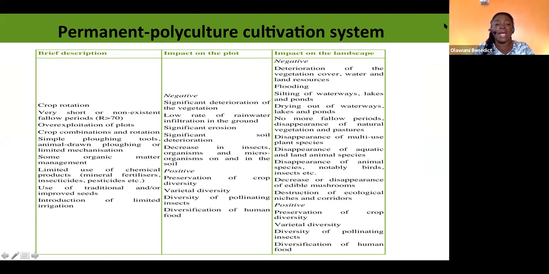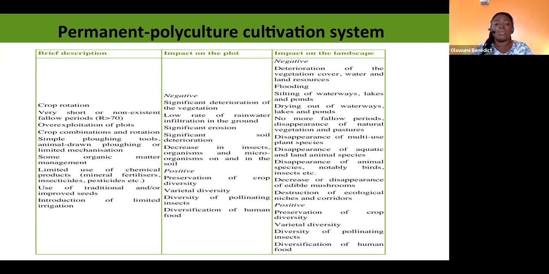It's a system whereby, if you hear the word permanent, it means that what you are growing is permanent. So majorly, those who are into tree crops are in this category. Those who are growing avocado, oranges, citrus, cocoa and the rest are the people that the system is talking about.